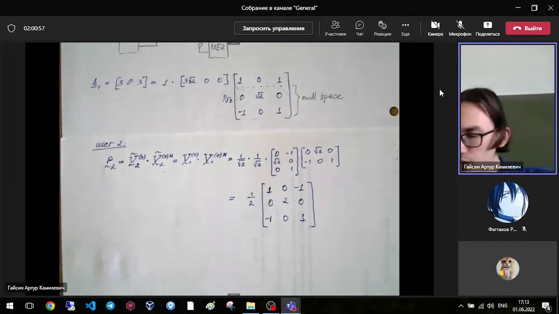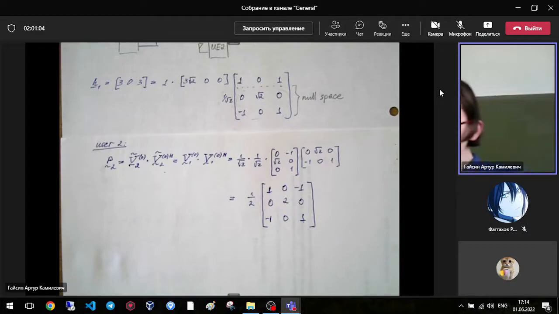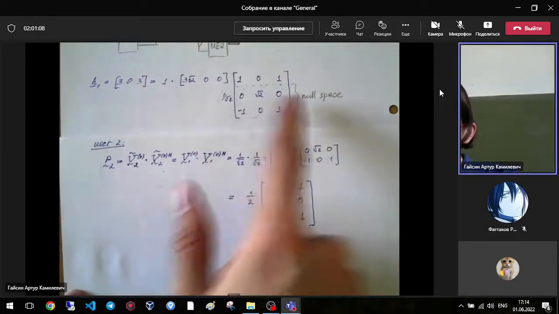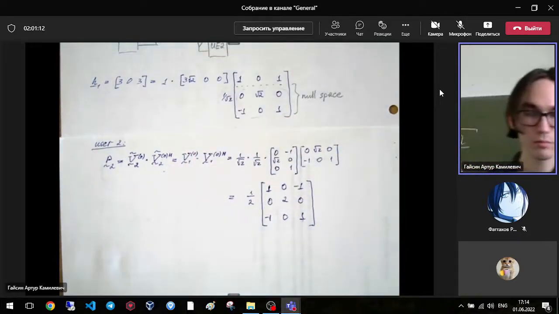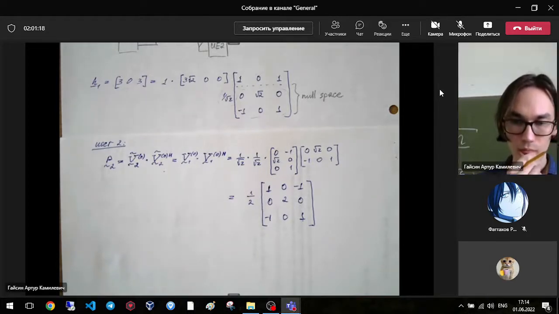But remember about this scale factor, because sometimes it is given inside of this matrix. Sometimes it is given as outside scale factor. So what is next we can do here?